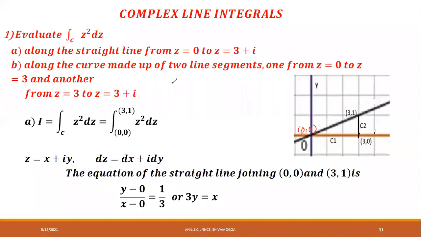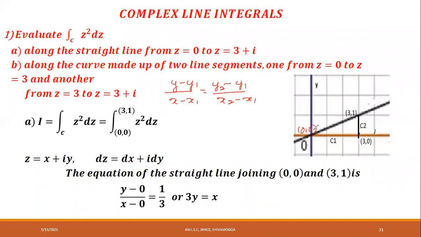What is the two-point form? (y - y1)/(x - x1) = (y2 - y1)/(x2 - x1). This is called the two-point form of a straight line.